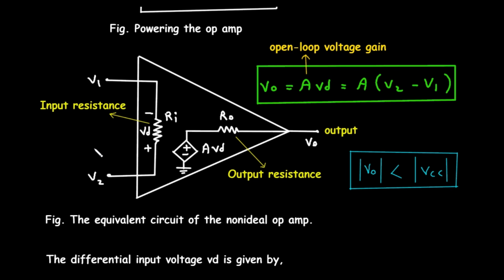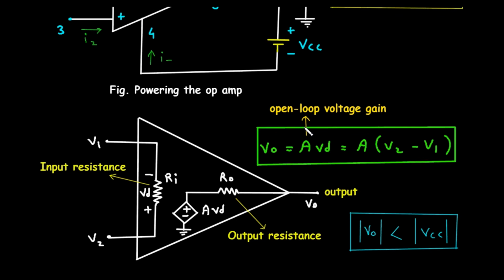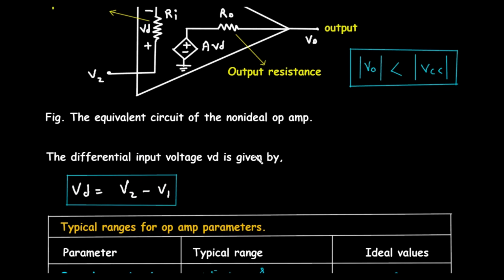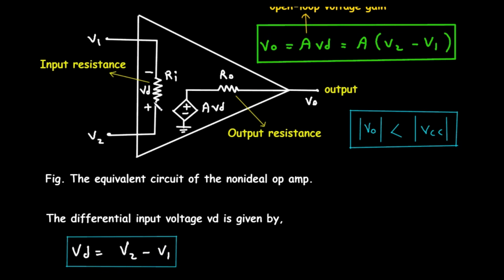Remember that this is the inverting voltage and this is the non-inverting voltage. Then the equation is shown. Vd is equal to V2 minus V1, where Vd represents the differential input voltage.